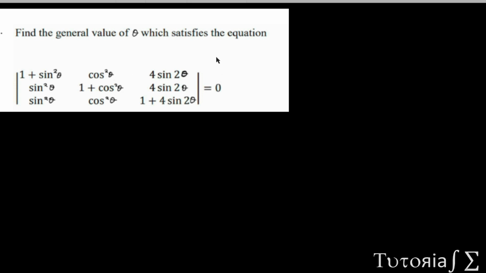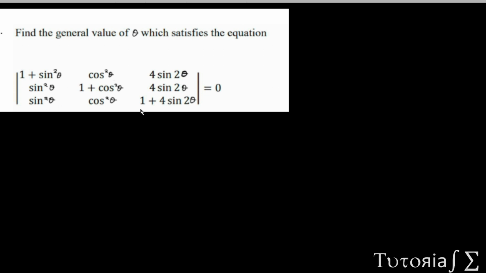All right, so as you can see, we have 1 plus sine squared theta, cos squared theta, 4 sine 2 theta; sine squared theta, 1 plus cos squared theta, 4 sine 2 theta; and 1 plus 4 sine 2 theta, cos squared theta, and sine squared theta.